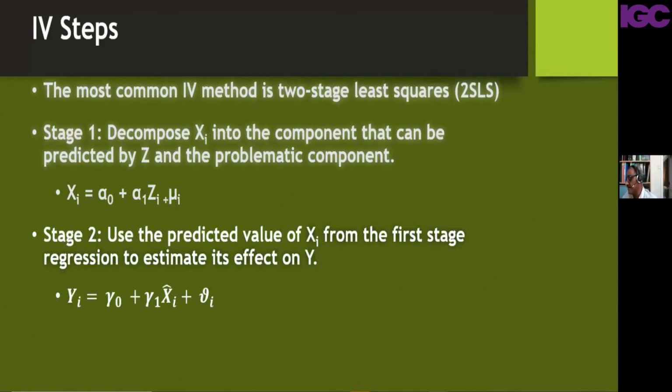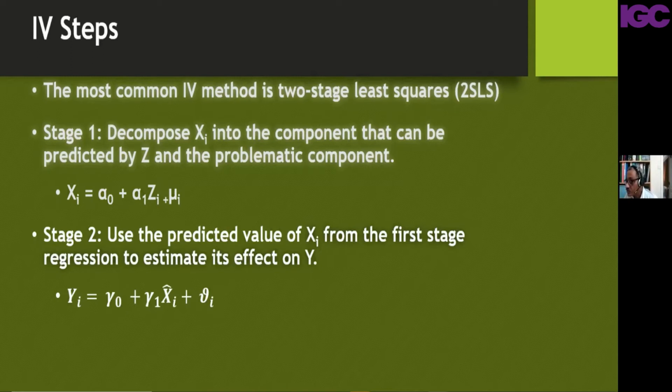In the second stage, we use the predicted value of x from the first stage regression to estimate its effect on y. So we have identified an instrumental variable z, which we feel meets the relevance and the exogeneity criteria. We regress the endogenous regressor x on z, then use the predicted value of x from the first stage regression to estimate its effect on y.